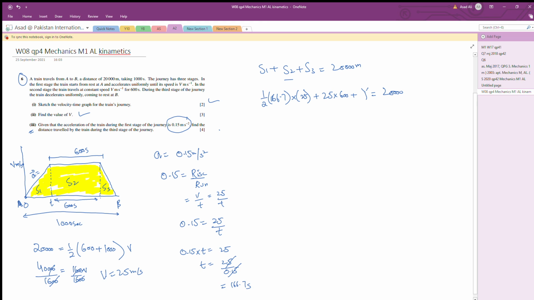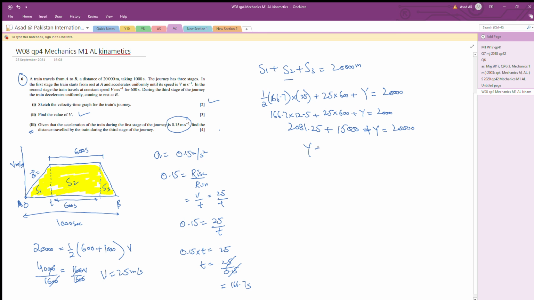So 1/2 times 166.7 times 25 plus 25 times 600 plus y is 20,000. Now 166.7 times 12.5 is 2081.25, plus 25 times 600 is 15,000, plus y for the third stage, equals 20,000.